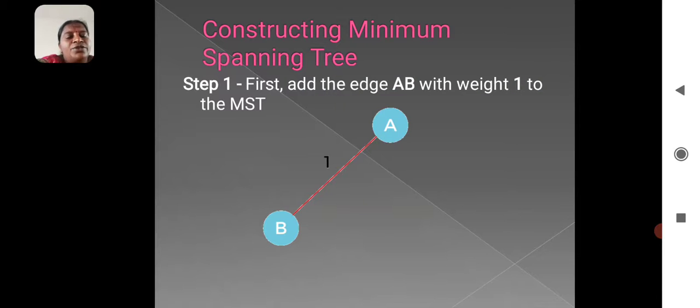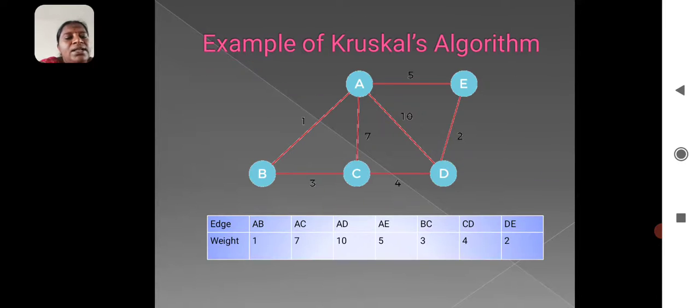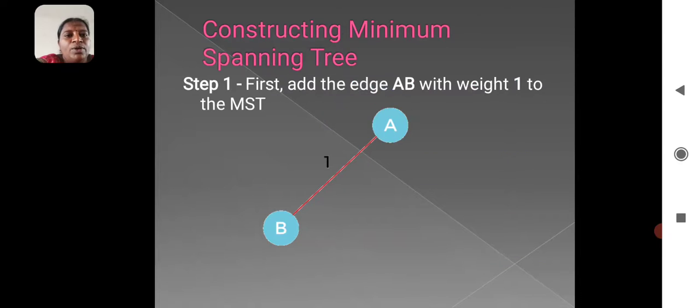First, we have to find the minimal edge. Here the minimal edge has weight 1, and we are going to connect those vertices. We connect A and B. AB is the first edge with minimum weight, so we add it to the minimum spanning tree with weight 1.